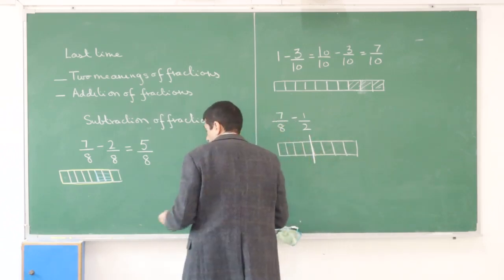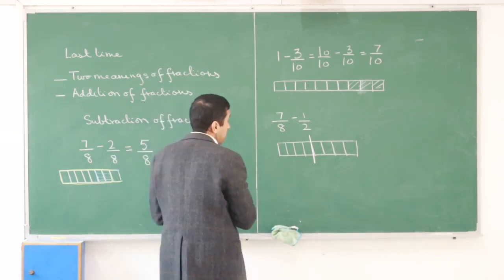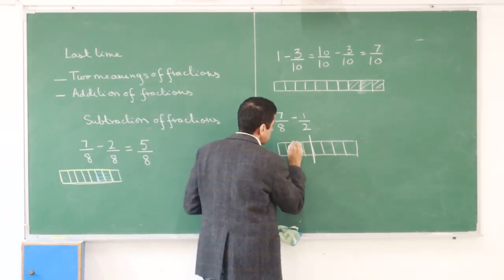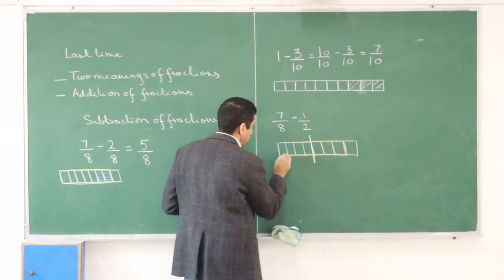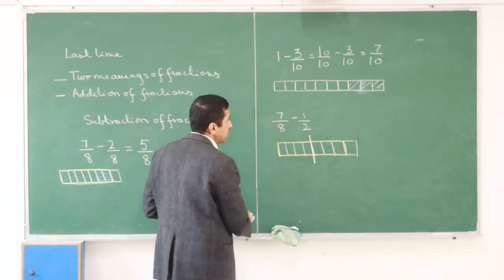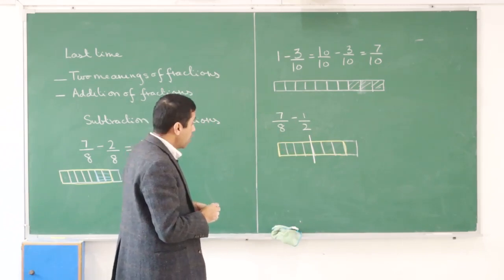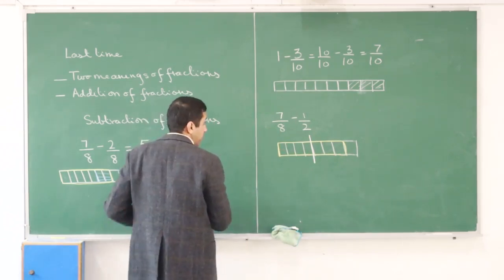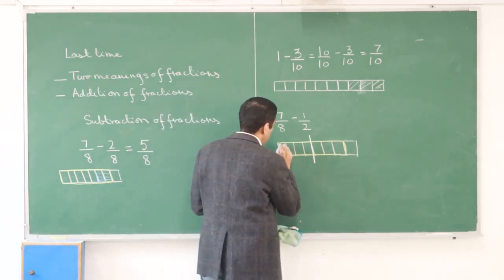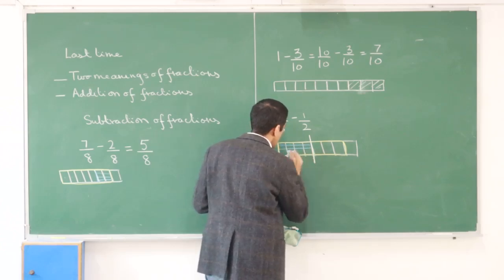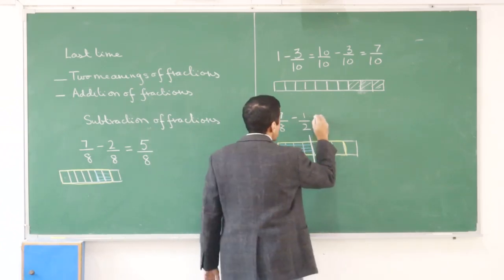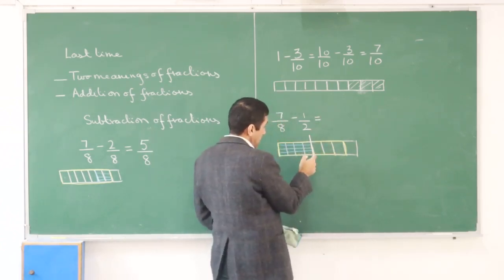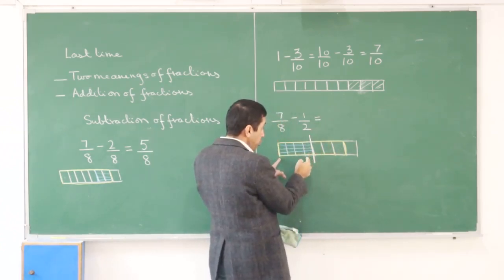Okay. So now what I have is 7 pieces out of these 8 pieces, and now I'm going to give away 4 out of those 8 pieces. So I'm going to be left with 3 pieces, right? The way that happened was because I took my half and broke it up.